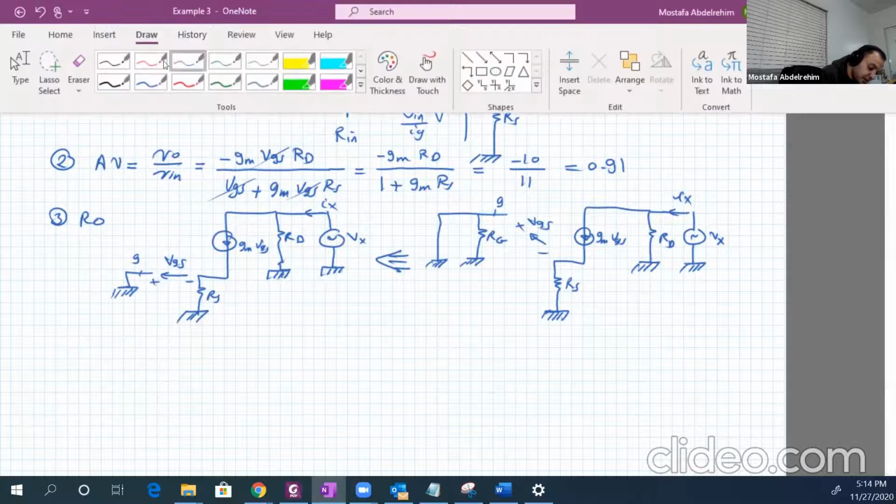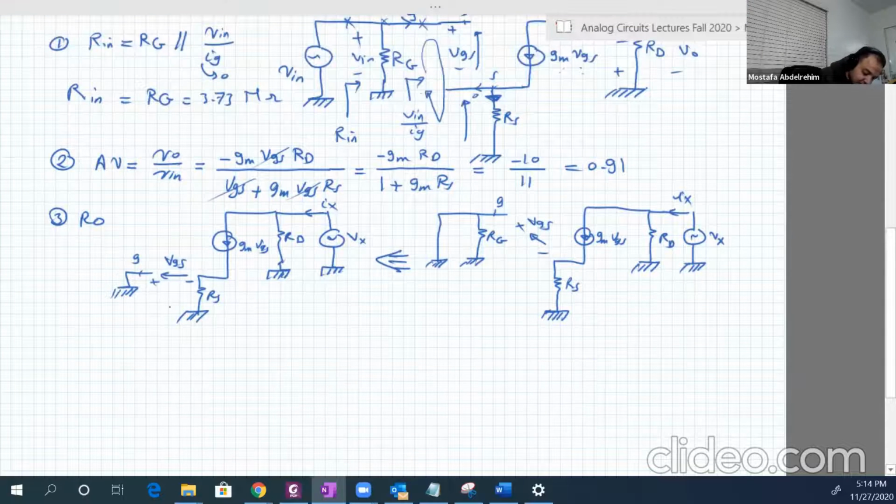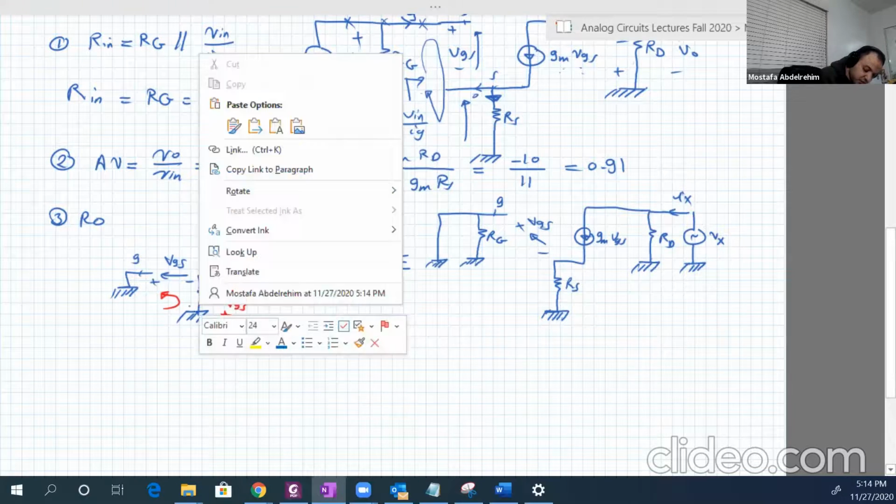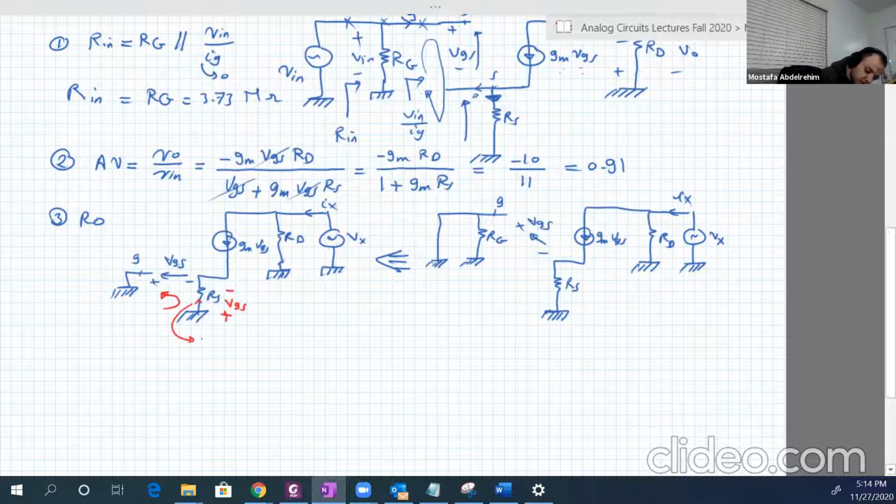So, what is the voltage across RS from that loop? RS has a voltage, negative, positive, which is just VGS, right? Which will produce current in that direction. This current is equal to VGS over RS.